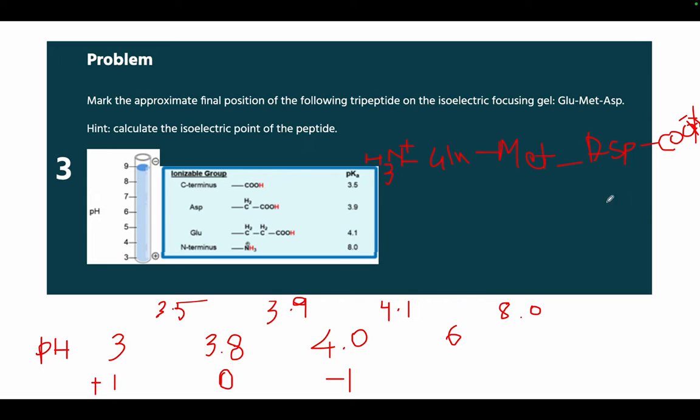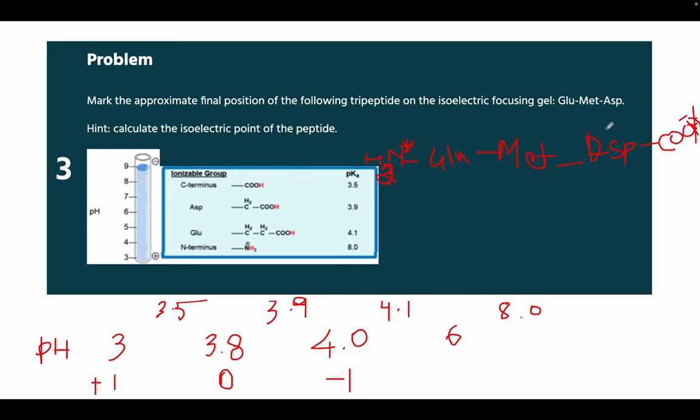And this NH3 plus will be NH3 plus only until pH 8. Above pH 8, it will lose one hydrogen, become NH2, and lose this positive charge also. So as we increase the pH, this is going to acquire the negative charge and this is going to lose a positive charge.